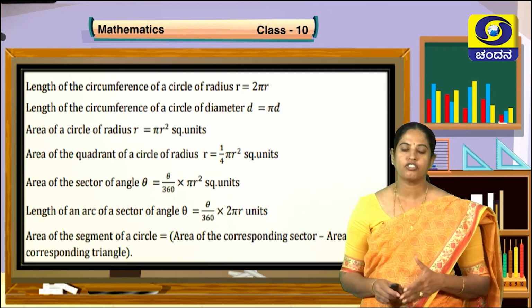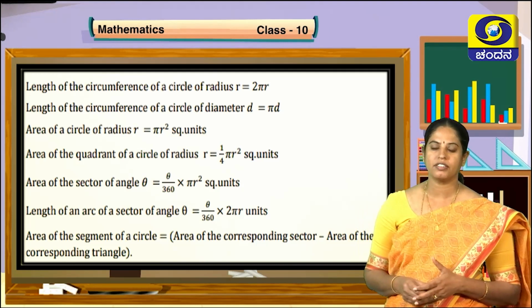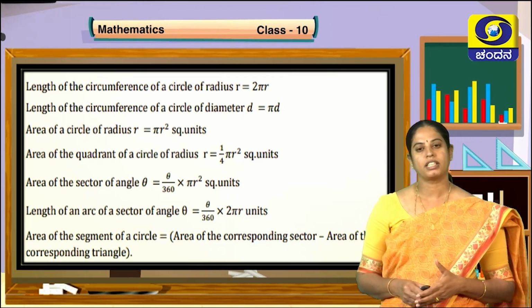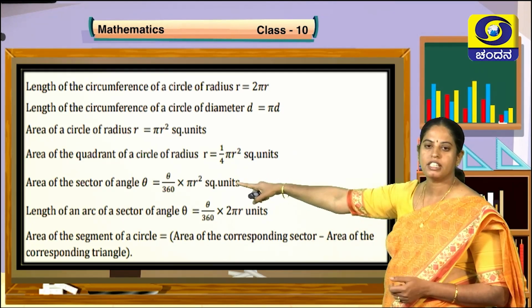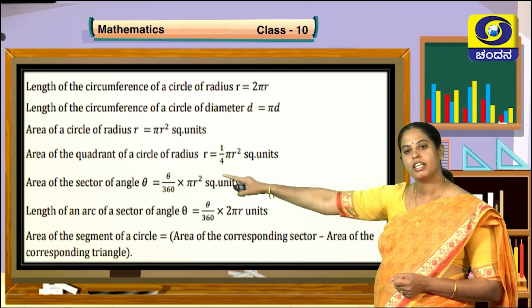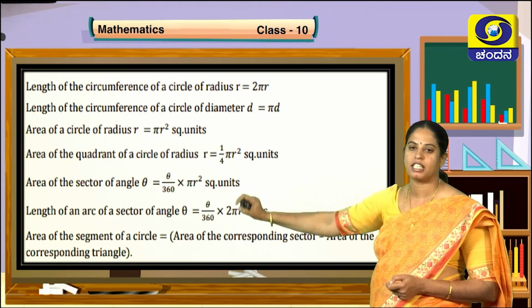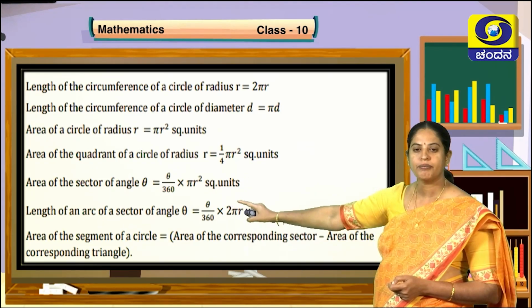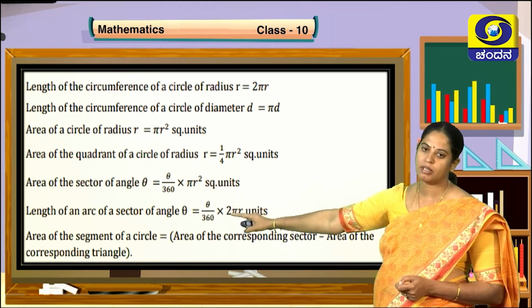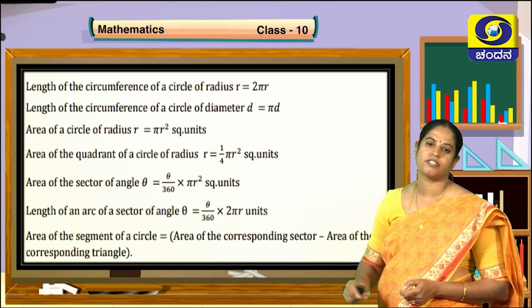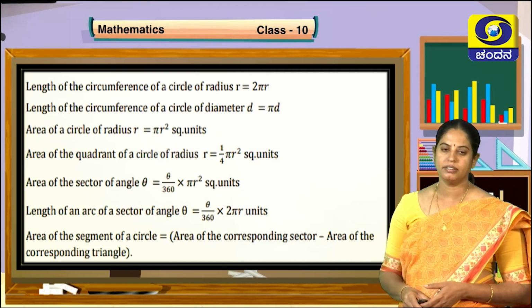The arc that forms the sector, that length we can find by using the formula theta by 360 into 2 pi r. Remember, to find the area of the sector, we multiply the ratio theta by 360 by area of the circle. To find the length of the arc of the sector, we multiply the ratio theta by 360 by the circumference of the circle.